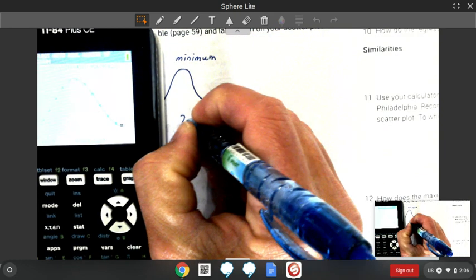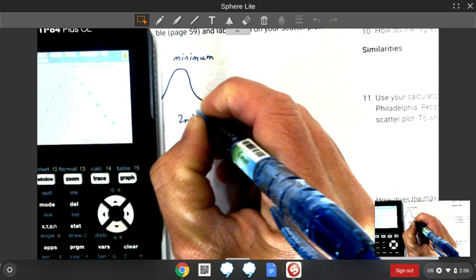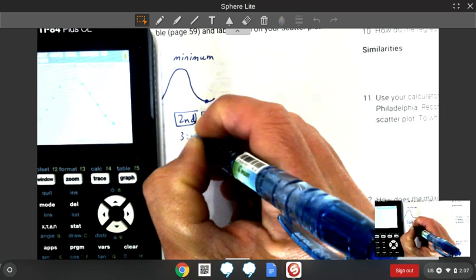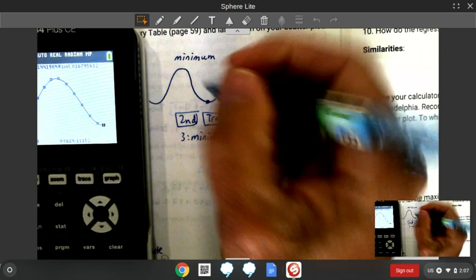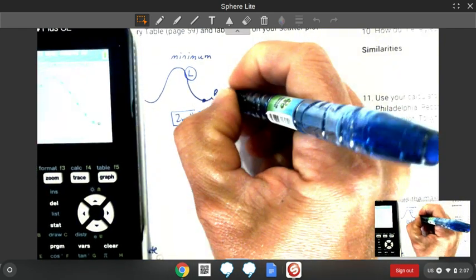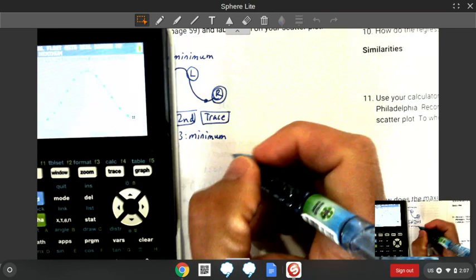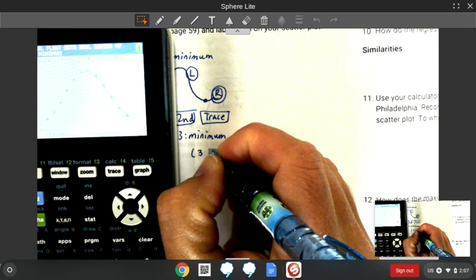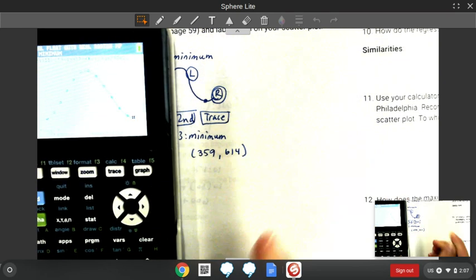So I went to second trace. Number 3 is minimum. I made sure I was to the left, and I hit enter, and to the right, and I hit enter twice. And then that gave me this value of 359, 614.